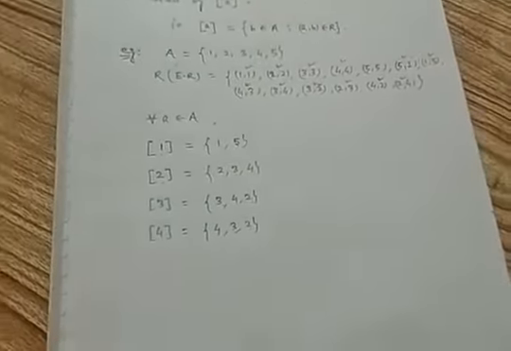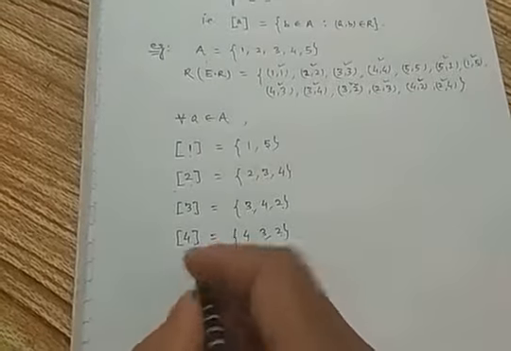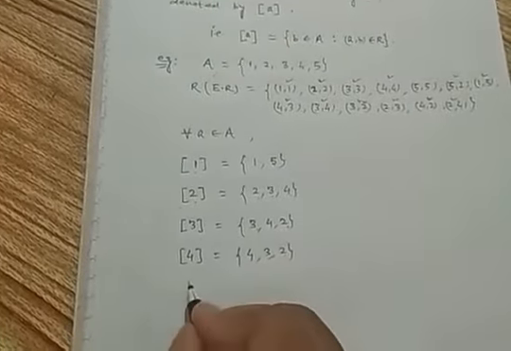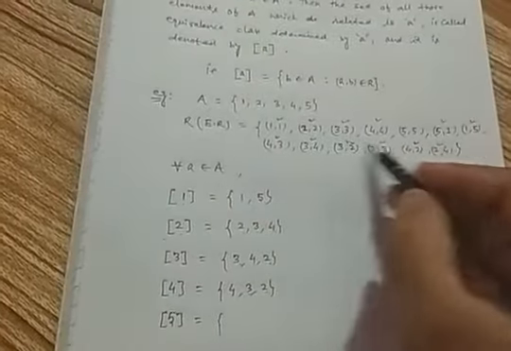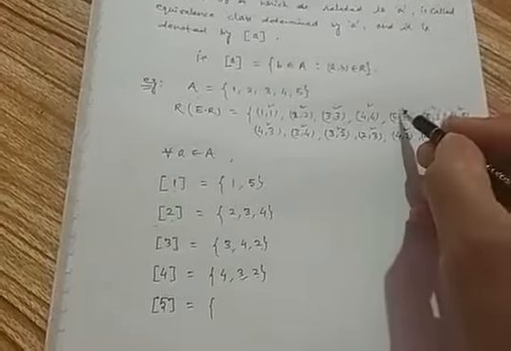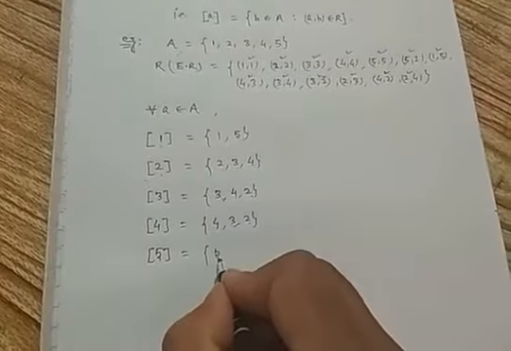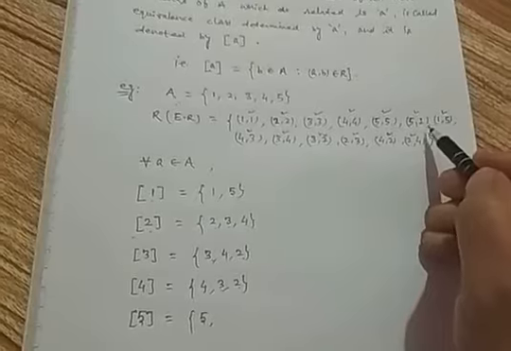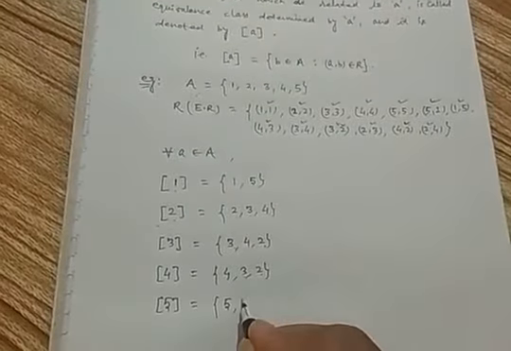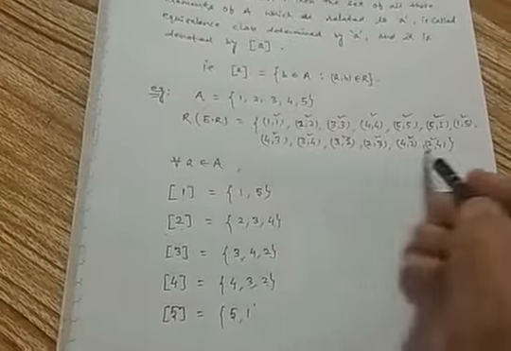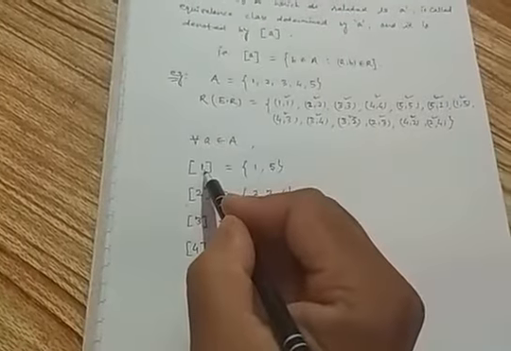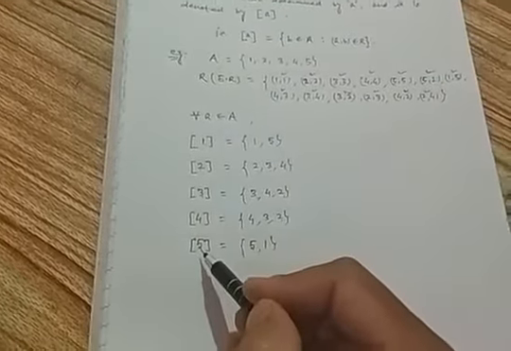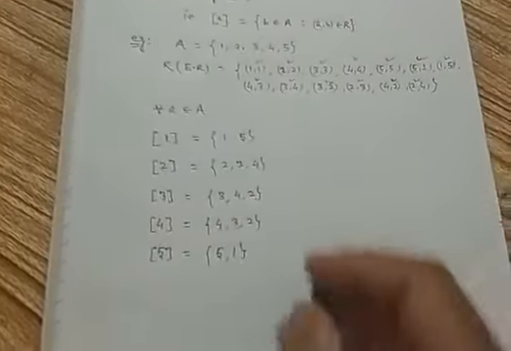Now the equivalence class of 5: clearly in R, 5 is related to 5 and 5 is related to 1, so it is {5, 1}. So these are the equivalence classes of 1, 2, 3, 4 and 5.